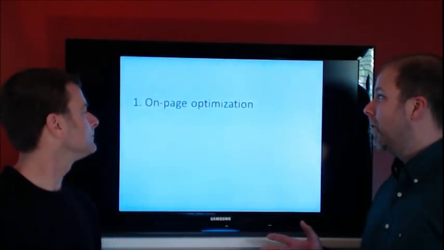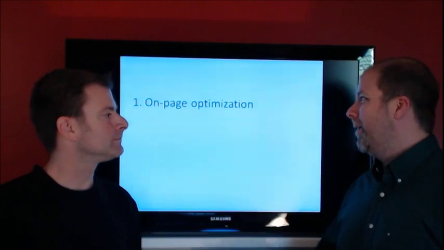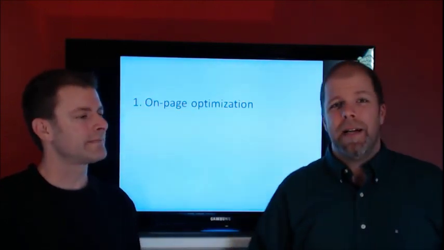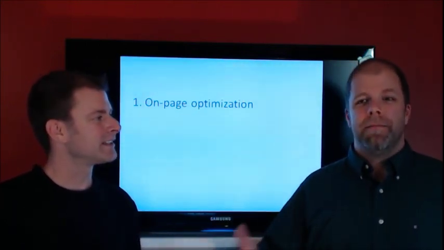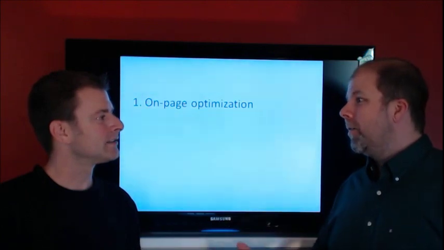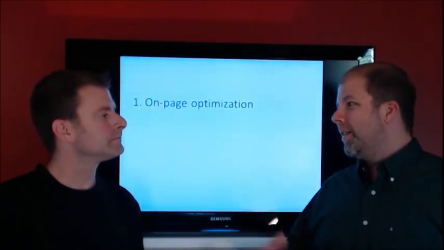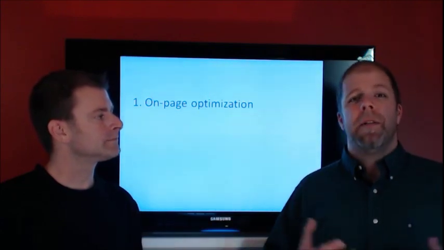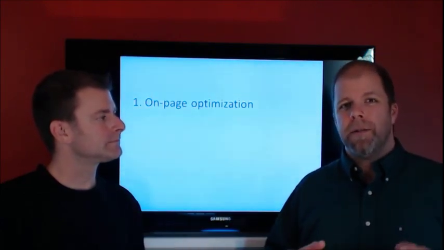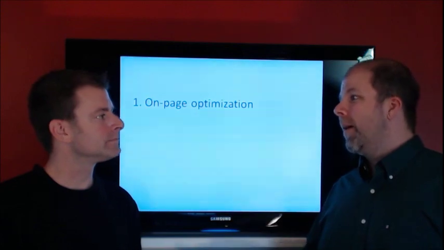The first thing when you're doing local optimization is actually a similar thing. This is on-page optimization. And similar to the regular national SEO, you're going to be dealing with the content, dealing with some tags, and getting your keywords in there. One of the differences, though, is that you're going to make sure that you use what they call local modifiers.